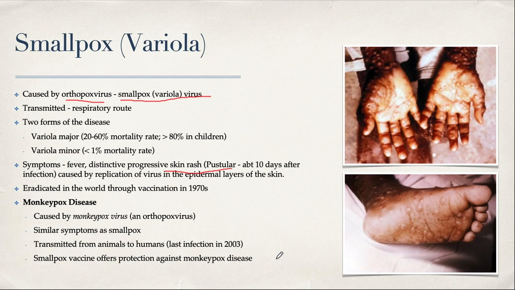You have an incubation period of about 7 to 17 days, and then you have fevers, but the most distinct characteristic of the symptoms is the formation of the skin rash due to the replication of the virus in the epidermal layers of the skin.